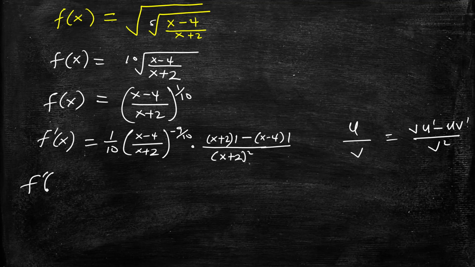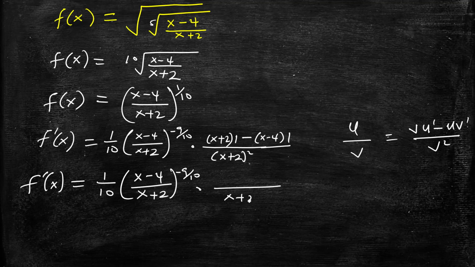Okay, so I have f prime of x, 1 on 10 times x minus 4 on x plus 2, so this side becomes 9 on 10, times x plus 2 all squared. So let's expand the numerator: x plus 2, so this side will be minus x plus 4.